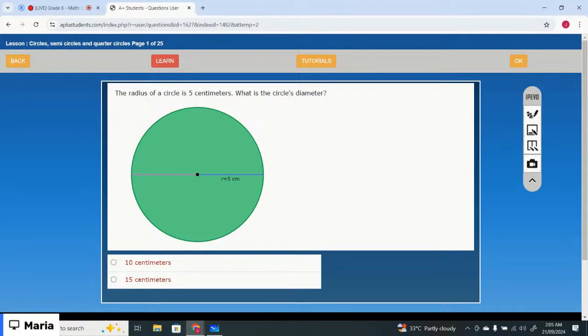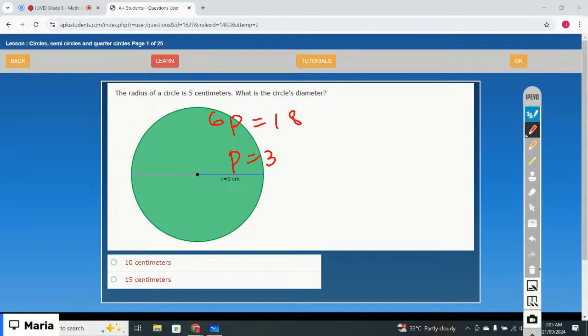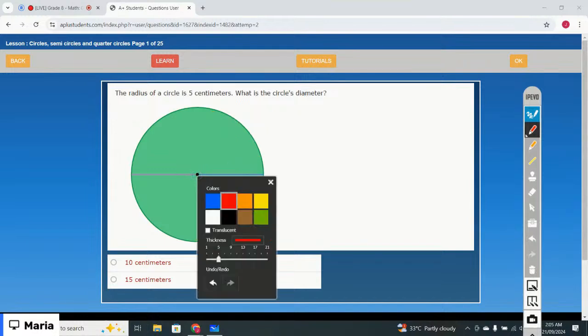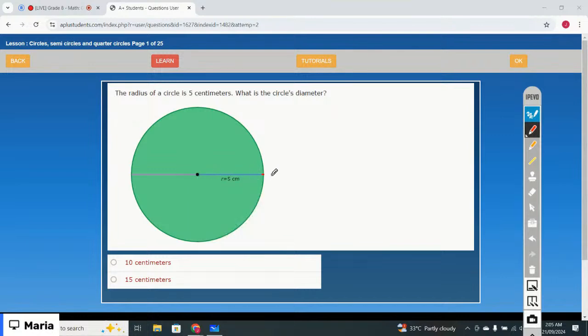The radius of the circle is 5 centimeters. What is the circle's diameter? You are given the radius of the circle, right? From the center of the circle to this point, that is the radius. If you have the line that passes through the center of the circle and touches two points of the circle, that is the diameter. So the diameter is always double the radius.